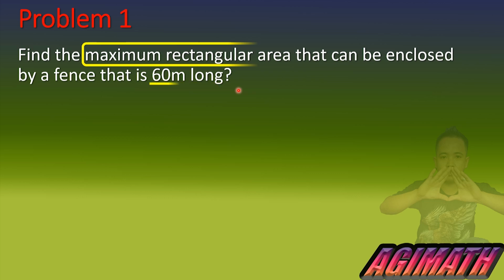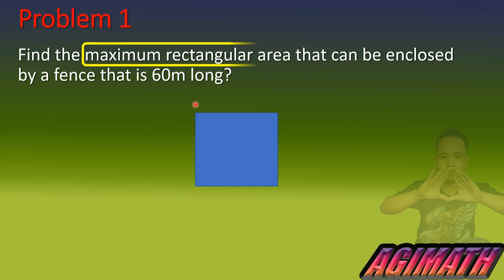What I visualize is this: there is a rectangular area and you are going to enclose it by a fence. The problem is you don't know the dimensions, you are just given how long the available fence is, which is 60 meters long.